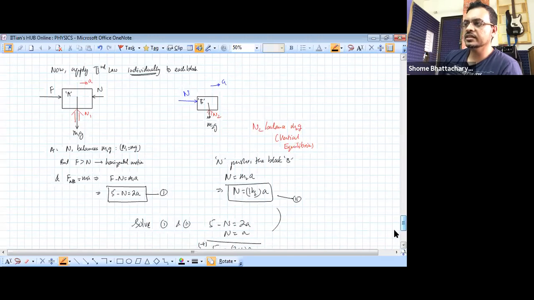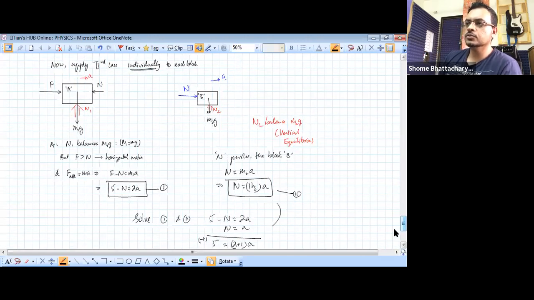Okay, so this is the critical part now. Once you understood the forces, the application of Newton's laws individually to each of the blocks.